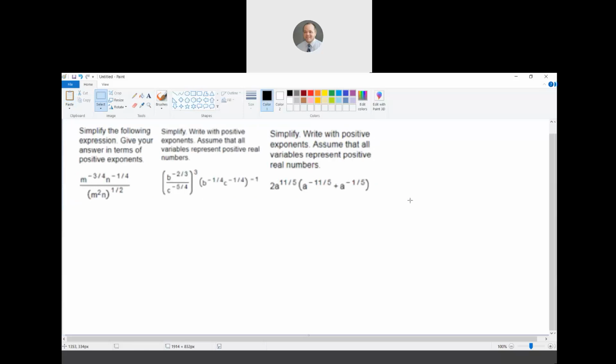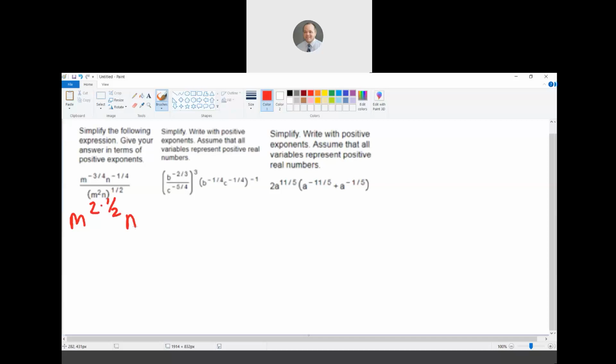Next question to the far left, same directions as before. Before we deal with the numerator, we have to use the power rule for the denominator. So we multiply each inside exponent times the 1/2.